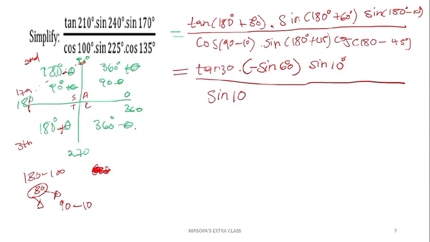Anyway, if you have sine 180 plus 45, it is on your third quadrant, so it is negative sine of 45.